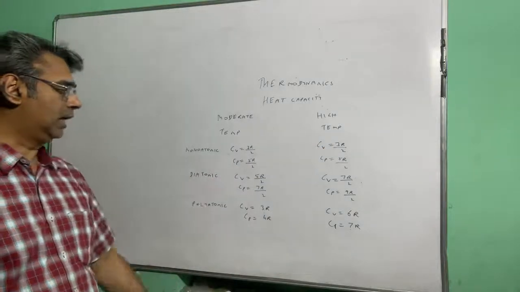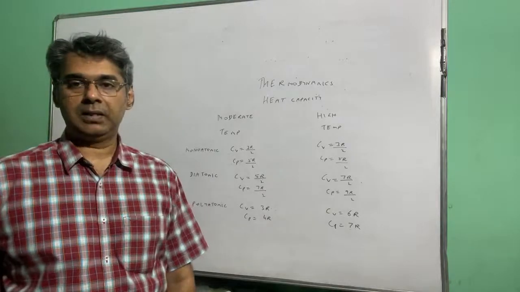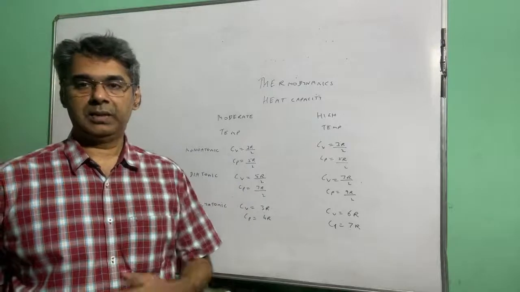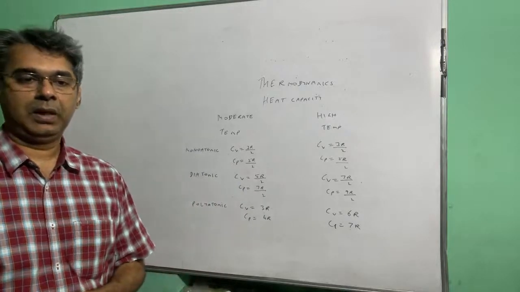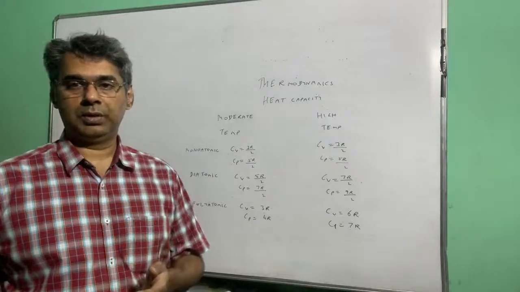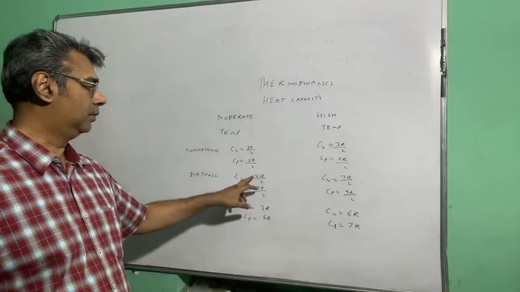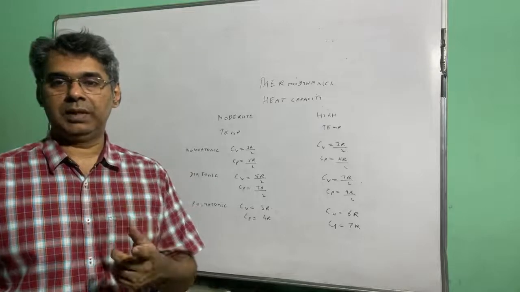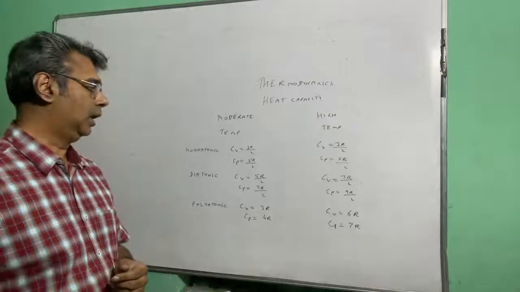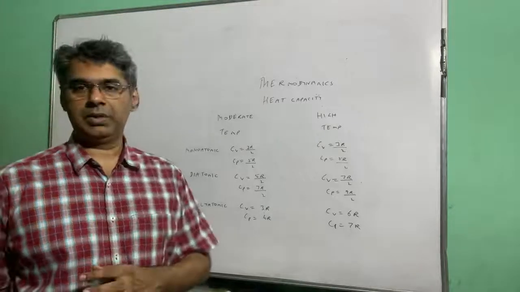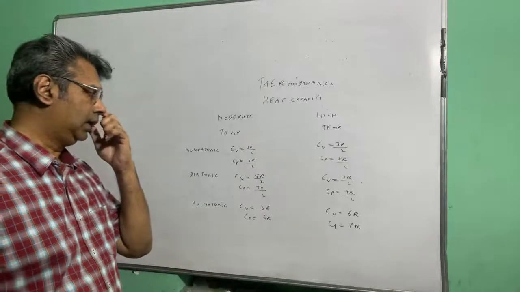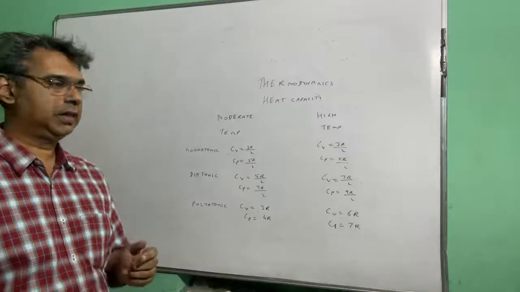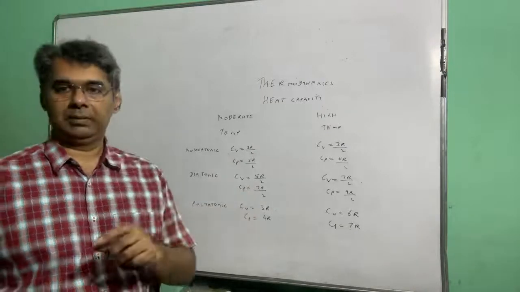Now let us go to diatomic. At moderate temperature, there are 3 degrees of translational freedom and 2 degrees of rotational freedom. So Cv is 5R by 2 and Cp is 7R by 2. The calculation goes like this: for each translational or rotational degree of freedom you add R by 2.